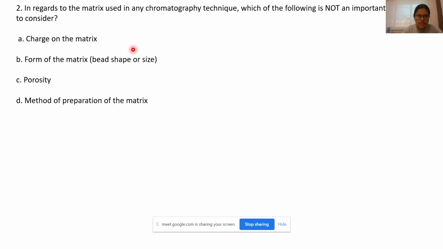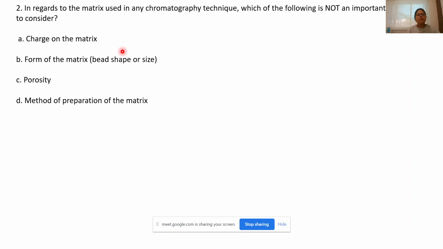Let's say your matrix is negatively charged and your protein is positively charged, and you are interested in isolating positively charged peptides or proteins, then you will use a negatively charged matrix. So charge on the matrix is an important characteristic. It plays a role in separation of your proteins.